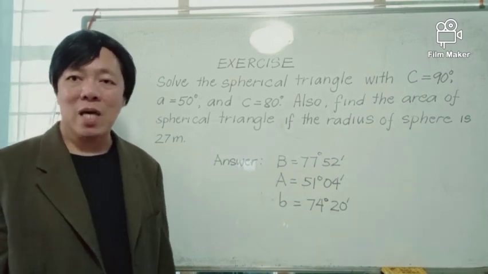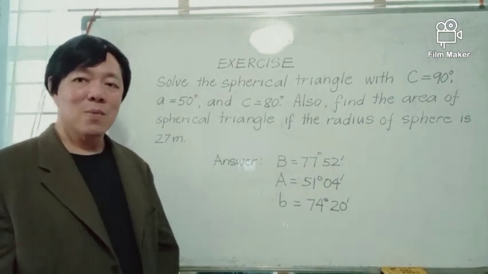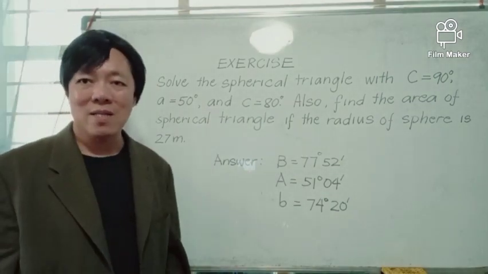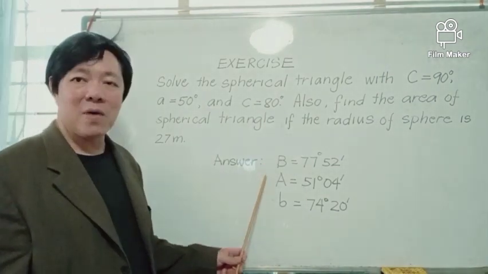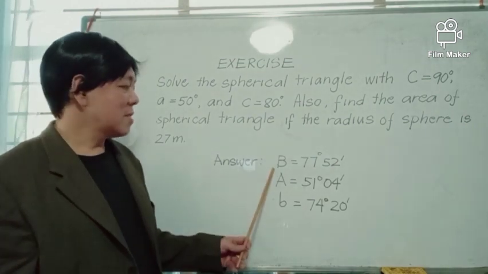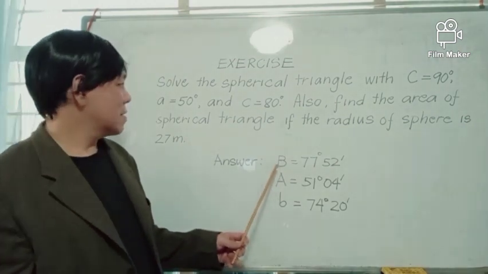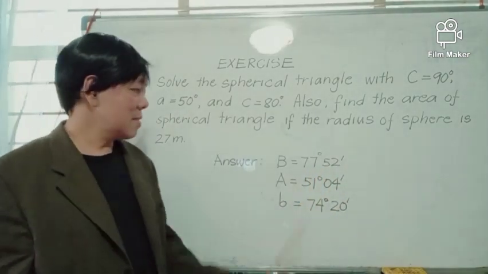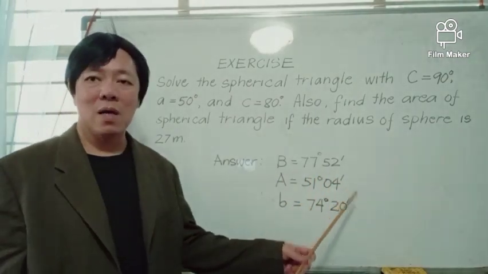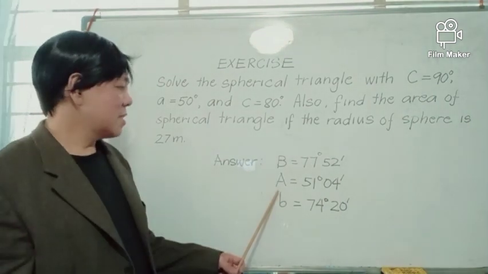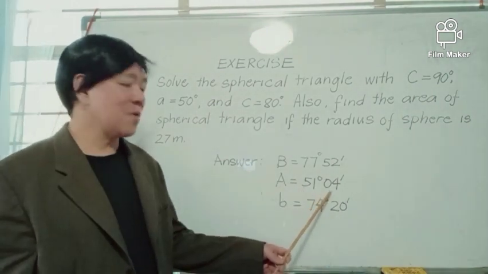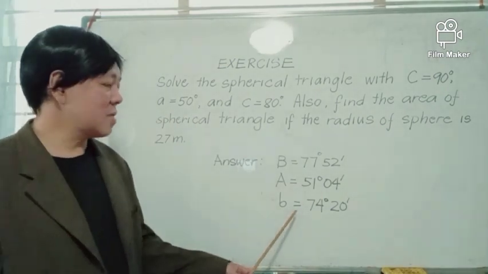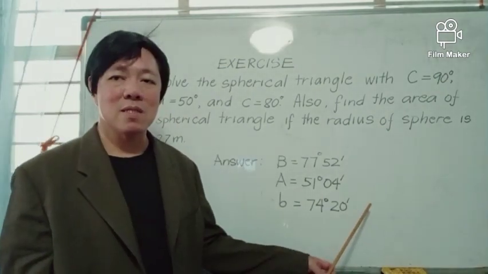For you to check whether your answers are correct or not, we have the following correct answers. The angle B is 77 degrees 52 minutes. This answer is correct up to the minute part. The angle A is 51 degrees 04 minutes. And the side small b is 74 degrees 20 minutes.